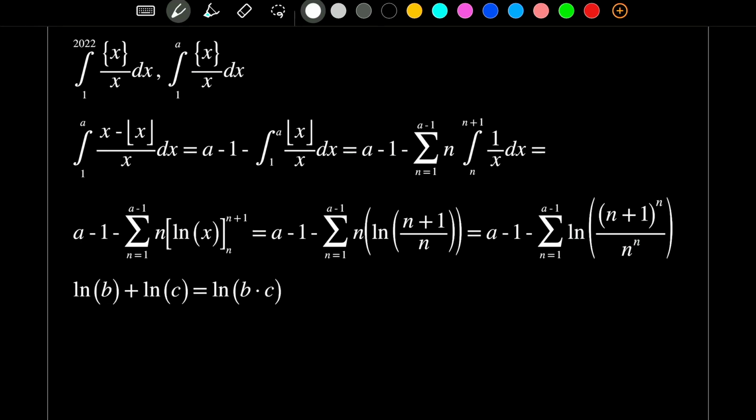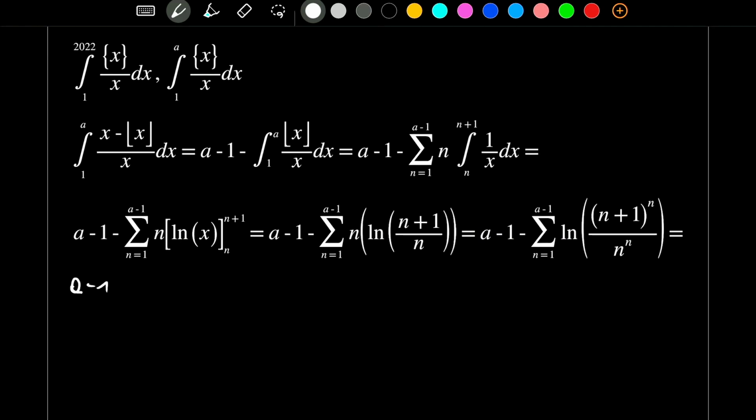So notice that we've got this sum. So actually we can make this sum into the log of a product, right? So let's see how we do that. We're going to get a minus 1 minus the log of the product from n equals 1 up to a minus 1 of n plus 1 to the power of n divided by n to the power of n.